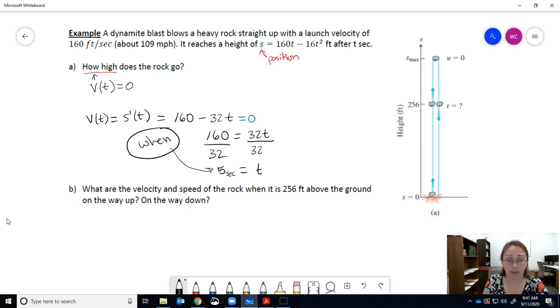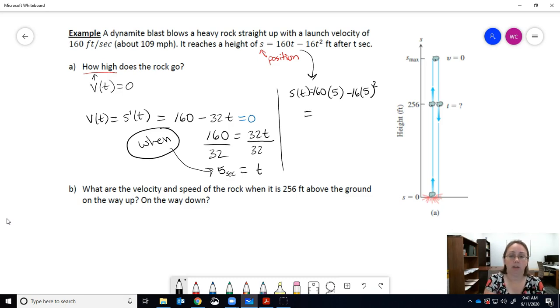Now, how do we find the actual height that was achieved? Which function gives us height? The position function. So we go back to s of t, we plug in our time, and that will give us how high we actually reached.